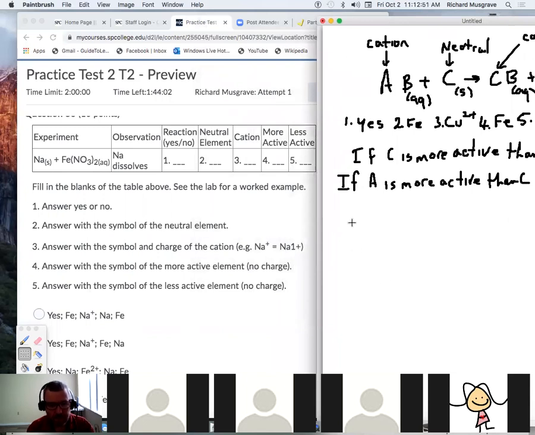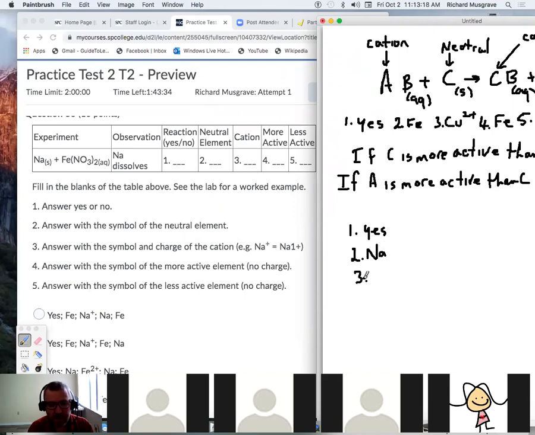In this instance, we know that the reaction is going because it doesn't say no change in the observation. So you don't need that activity table because we know that the reaction is going or not going from the actual problem. So the answer is yes for this one. There is a reaction. The neutral element, it's going to be Na.